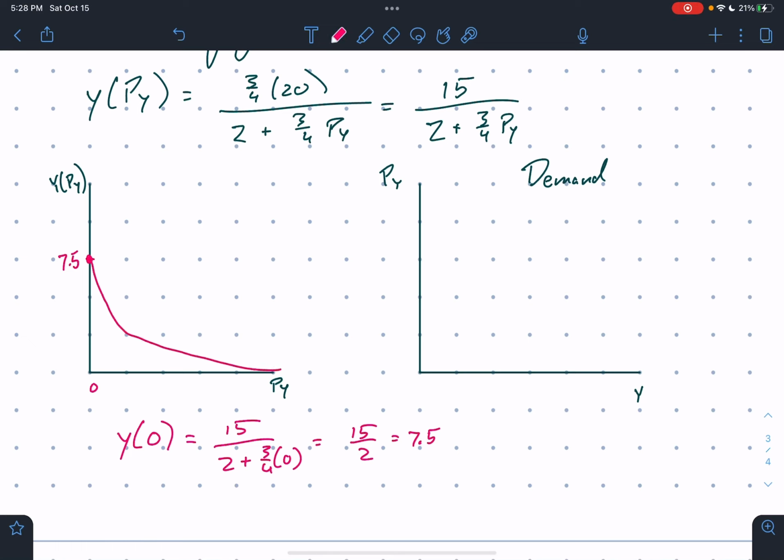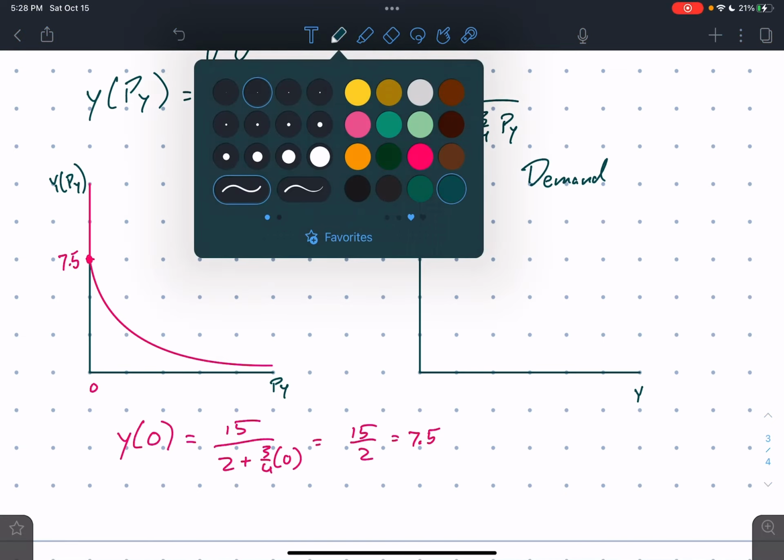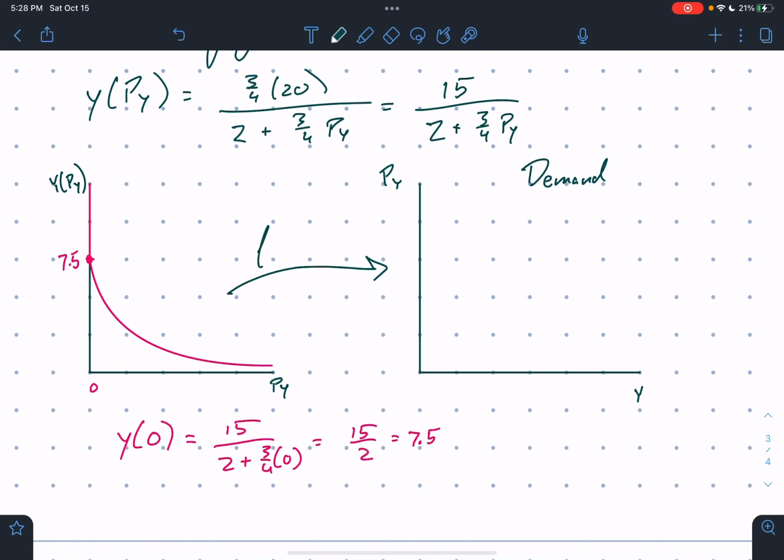Okay, so it's going to be something like this, where the amount I buy of y decreases as the price of y increases. And then for any price above 7.5, my demand for y is going to be 0. So what I do is I flip this, and then I plot py as a function of y.